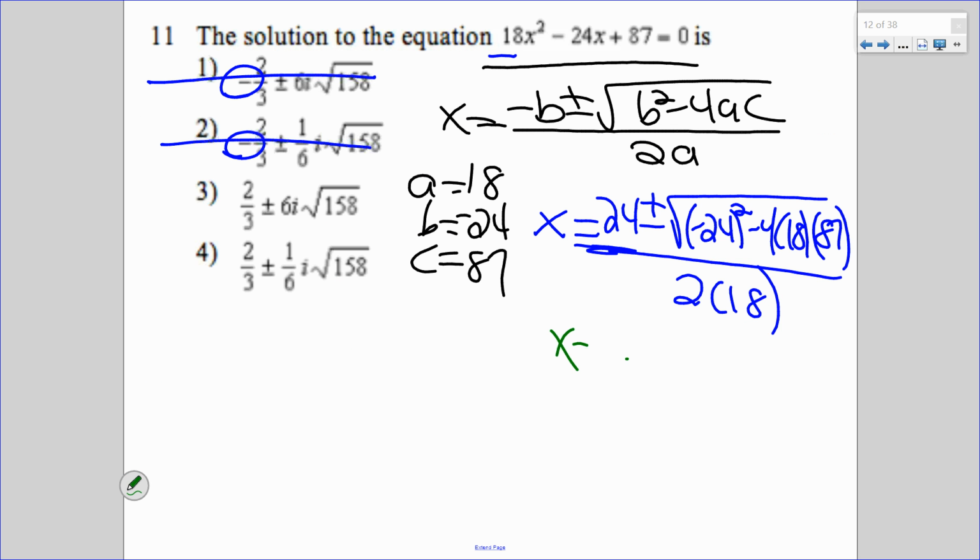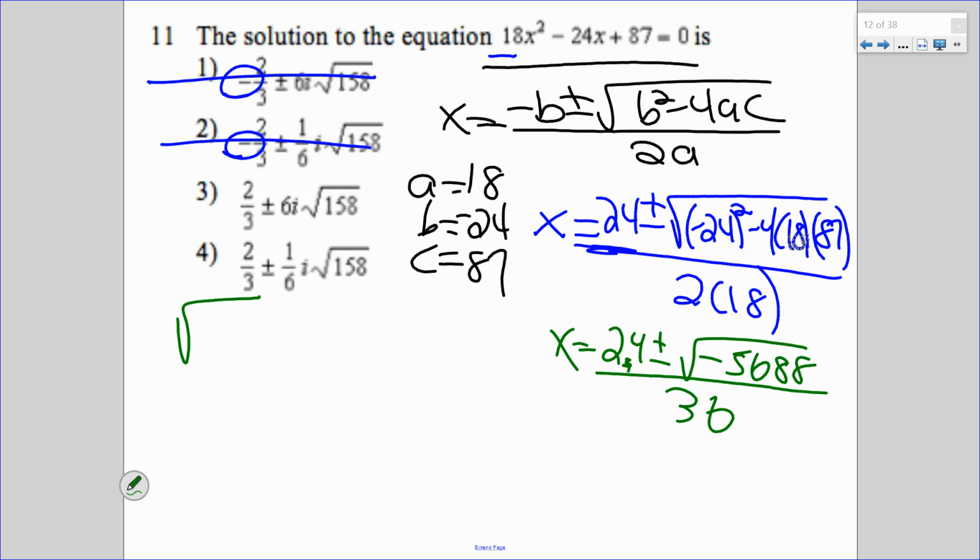So I have x equals 24 plus or minus the radical of negative 5688 over 36. I don't know what little dot got there. There's no dot there. Now, my next step, off to the side, I want to reduce the radical. That's a big number. Well, I'm going to cheat a little bit. First of all, I'm going to pull that i out.